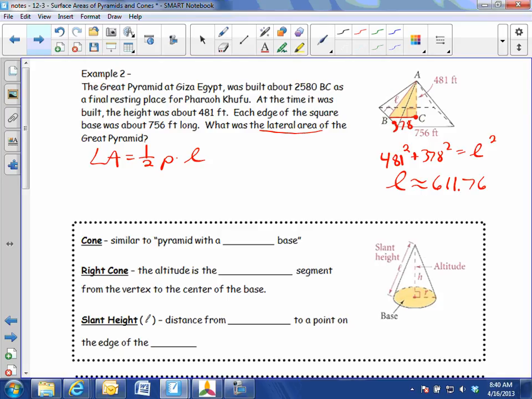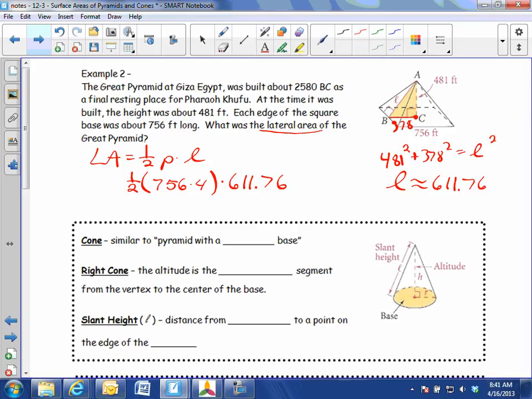Alright, okay, so if we go back over to our lateral area, how are we going to find P? 756 times 4. Make sure that you're taking it times 4 and not times itself, because that would be big B, right? We're looking for perimeter, we just want to add all the sides together. Times length height.